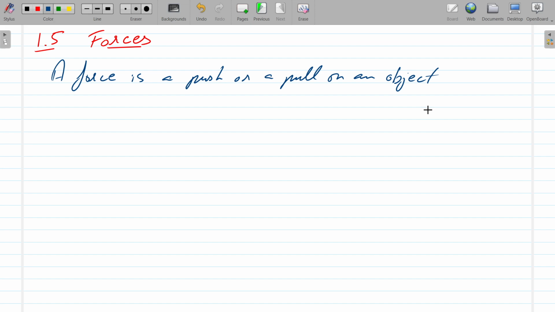Okay. So a force is a push or a pull on an object. That's a very general definition.